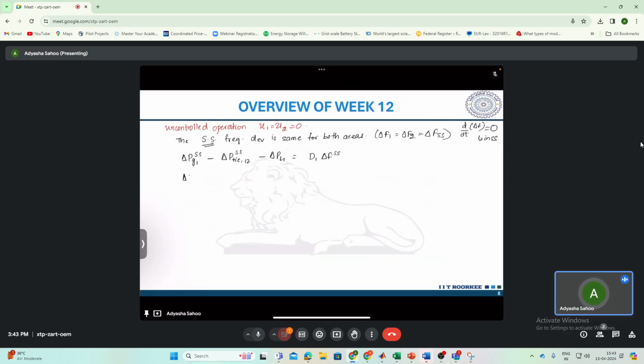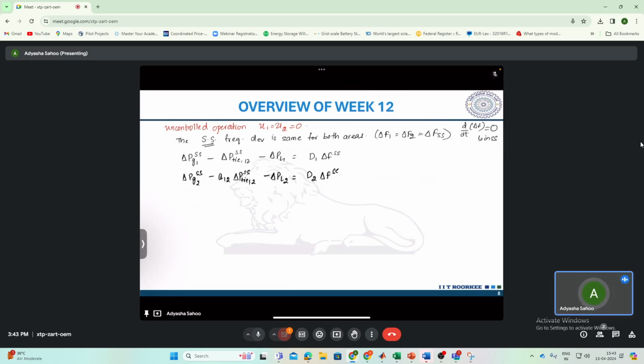Similarly for area 2, it is Pg2 SS minus a12 P tie 12 SS minus PL2 is your D2 delta f steady state.